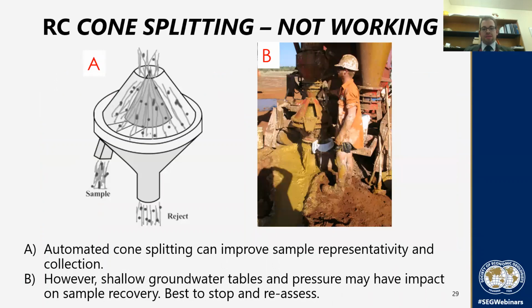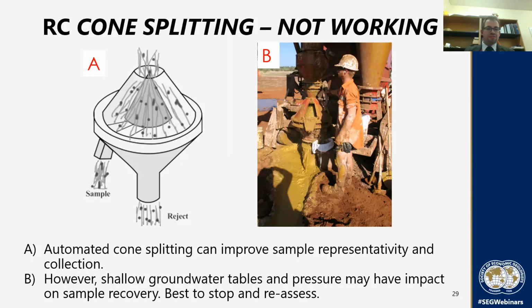Another type of splitting that's available is called cone splitting. Cone splitting is an automated splitter. You will have your sample coming from the sample hose through the cyclone into the cone.